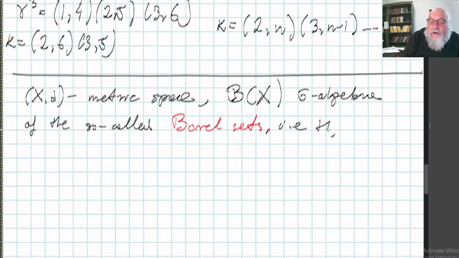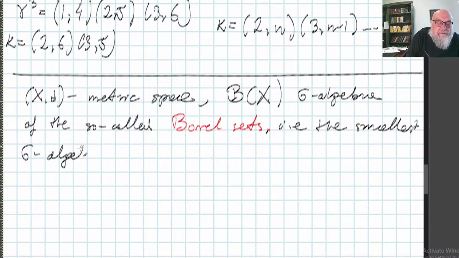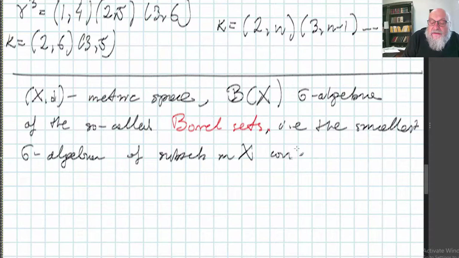Namely, this is the smallest sigma algebra of subsets in X containing all open sets.